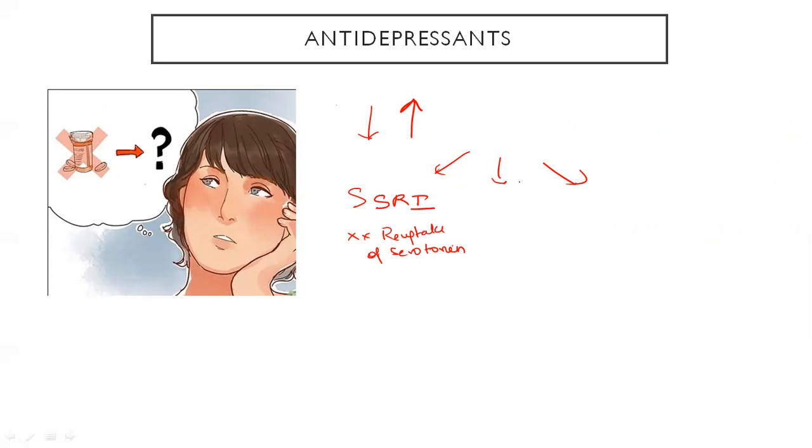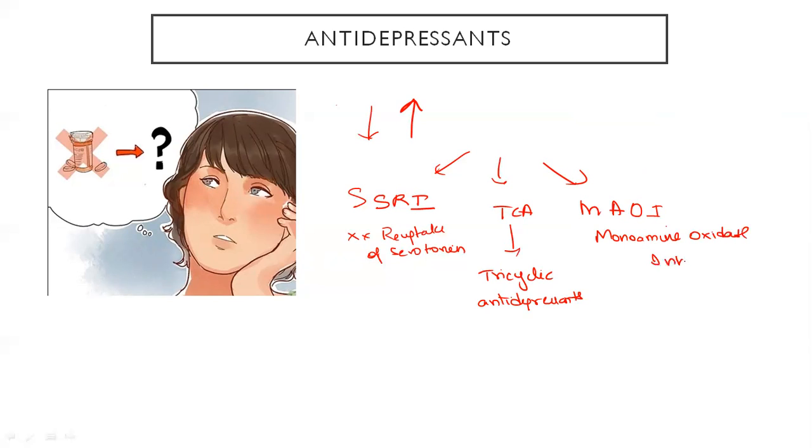Then we have tricyclic antidepressants. We also have monoamine oxidase inhibitors. One of the side effects of all these drugs is that they have anticholinergic side effects.